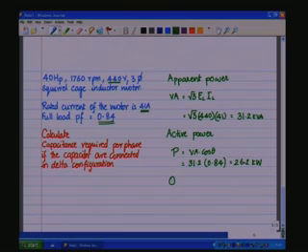Therefore, now we have the reactive power Q, which is root of VA squared minus P squared, and that is equal to 17 kVAR.